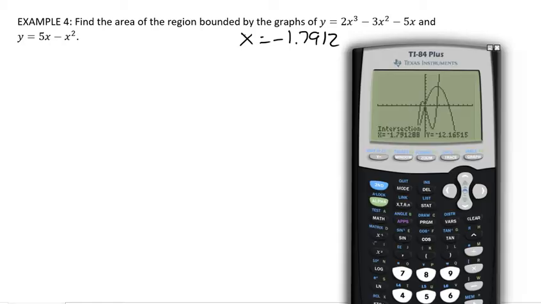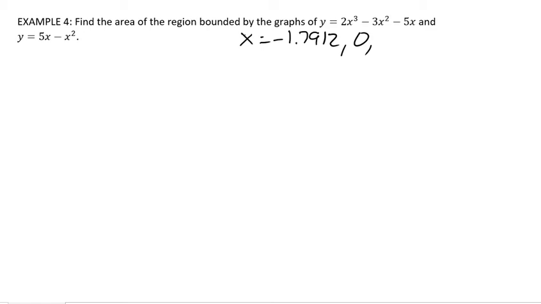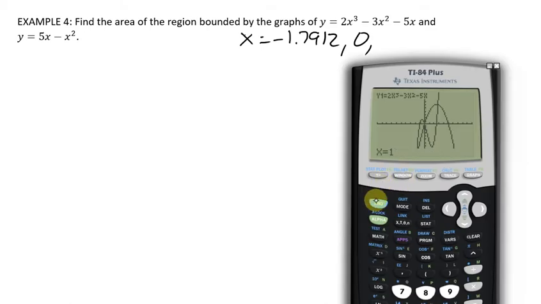And let's go back to the calculator. We can see our second intersection point. Looks like it's 0. We'll just double check. Second trace, number 1 for value, plug in 0. And sure enough, it goes back and forth between functions. So x equals 0 is our second intersection point. For our third intersection point, second trace, number 5 again, first curve, second curve, and then we get close to this intersection point up here.